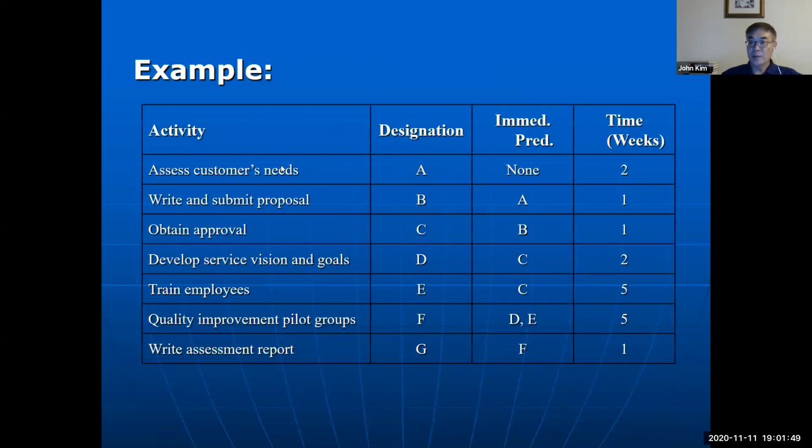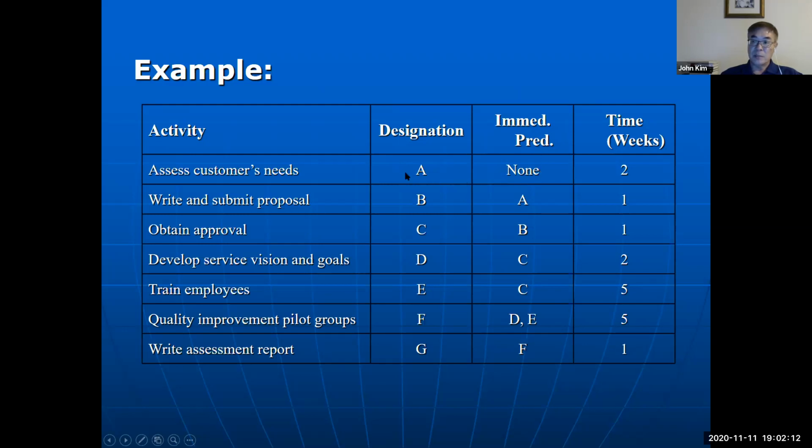Example. This example project consists of 7 activities or tasks. The designations are A, B, C, D, E, F, G. And then here, immediate predecessor. Activity A, task A, doesn't have an immediate predecessor.